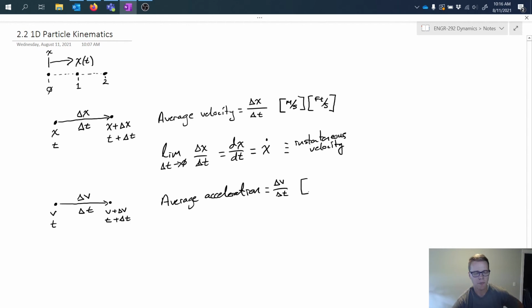Now, if we think about our units, velocity up here we defined as having units of meters per second. That's still true. So delta v is meters per second, divided by time, so it's per second again. We get our expected acceleration units of meters per second squared, or feet per second squared.